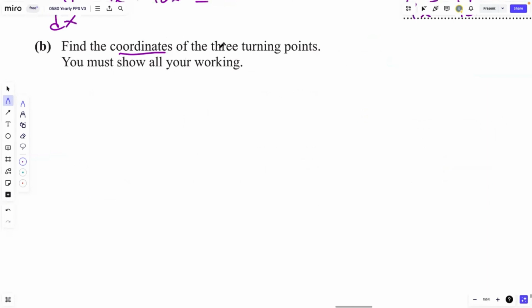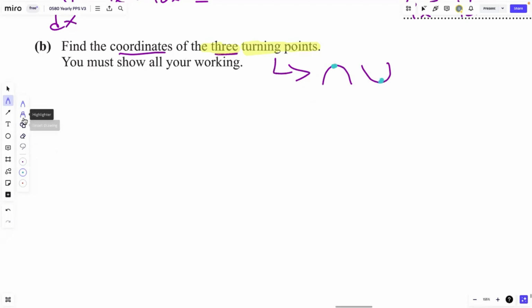Now, second part: find the coordinates of the three turning points. We have three turning points. The concept here is that a turning point is the part where the graph is actually turning. So those are these points where the graph is actually turning.